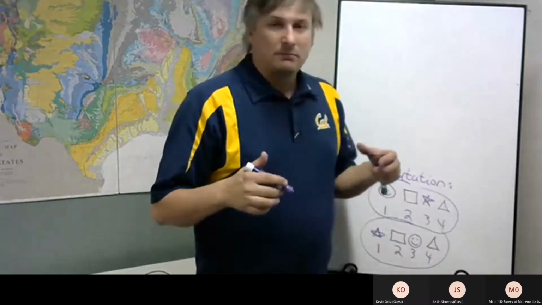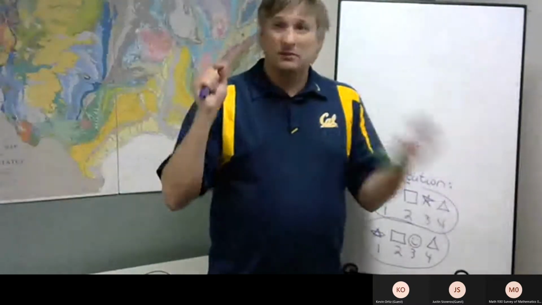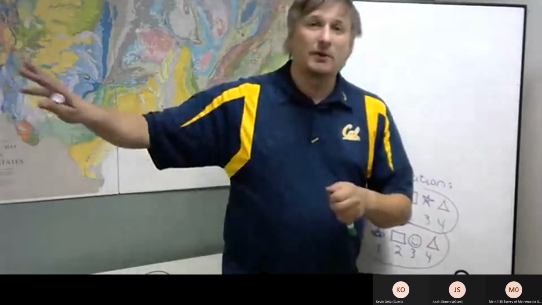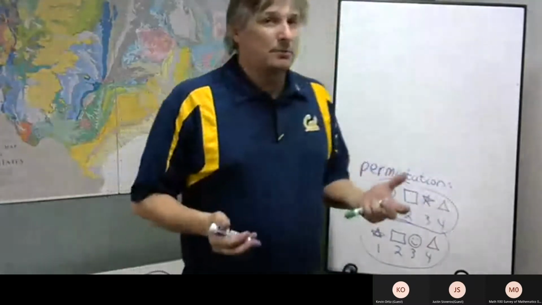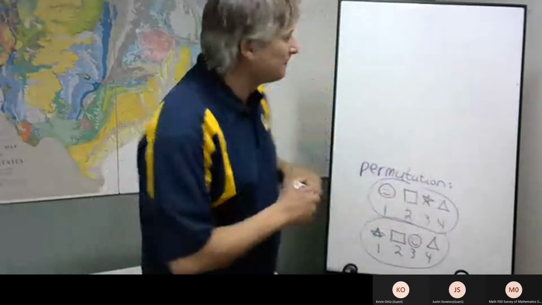So that means if you had 10 tickets in a hat and you drew out a ticket, you have 10 to draw from, and you choose that ticket. And you record it and throw it away. When you draw your second ticket, you only have 9 to choose from. You choose a ticket, look at it, record it, toss it away. And now you only have 8 tickets to choose from for the next round. So when we count permutations, we're going to count them again in stages.